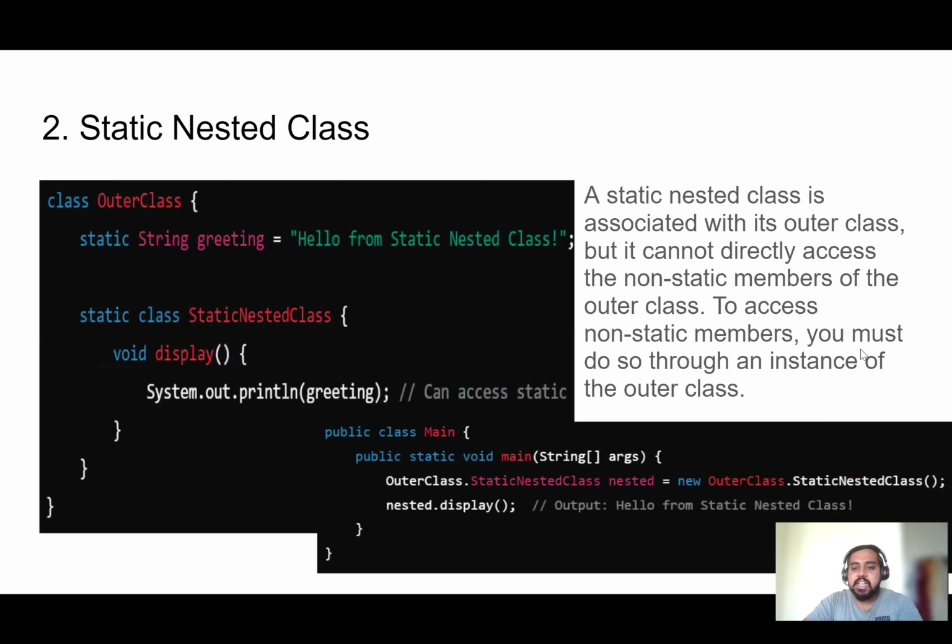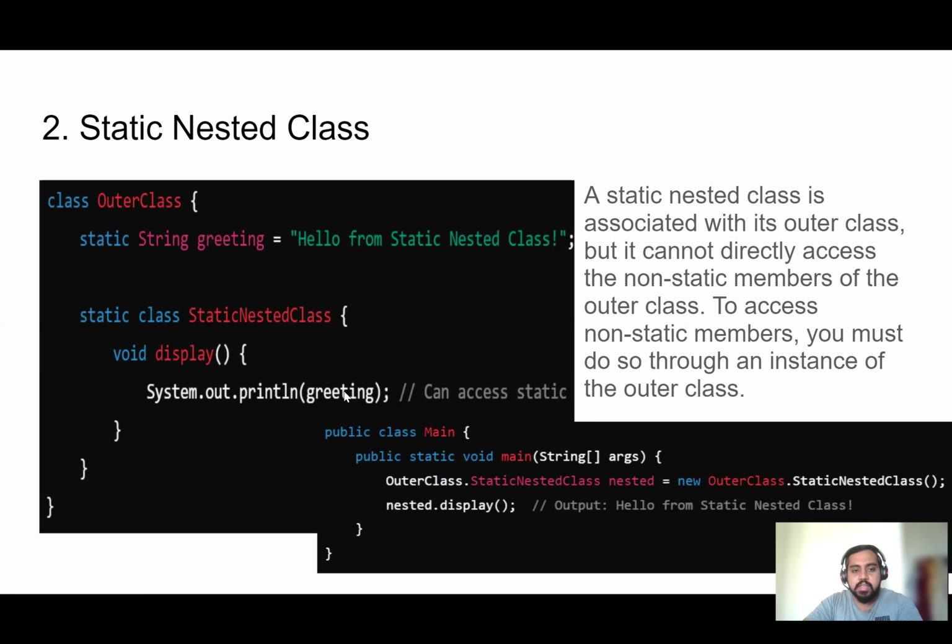We'll see what a static nested class is. It is similar to non-static only, but in a static nested class, we have one outer class, and inside the outer class, we created one more class. I made this class static, and I created one more method inside the static nested class. I'm just printing and I'm using a greeting.